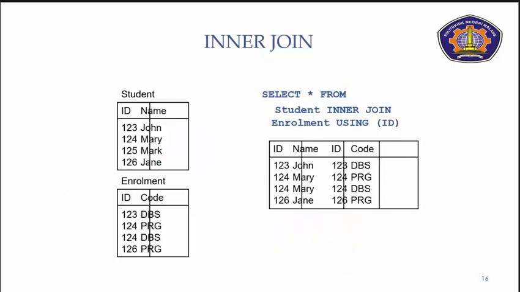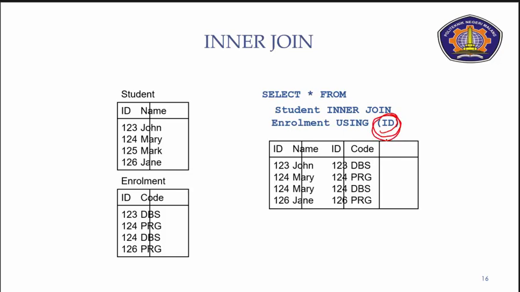Okay, next. This one is an example of inner join. Another example: we try to inner join two tables, student and enrollment. The recurrence is this one, ID.